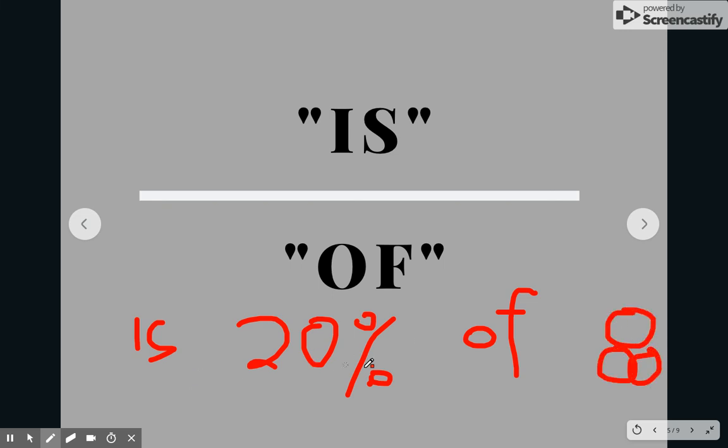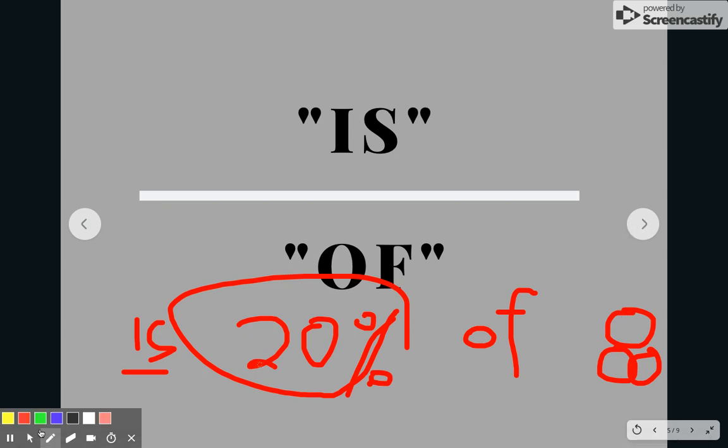So what is 20% of 80? Right? So keep those two in mind. What is the is? It says right here. I'm looking for 20% of. Where do you think 80 is going to go? 80 is going to go on the bottom.